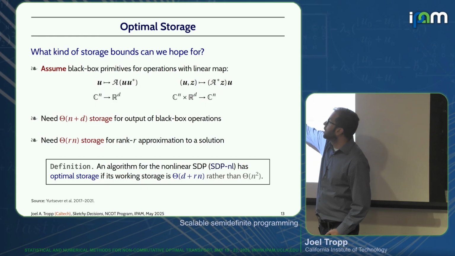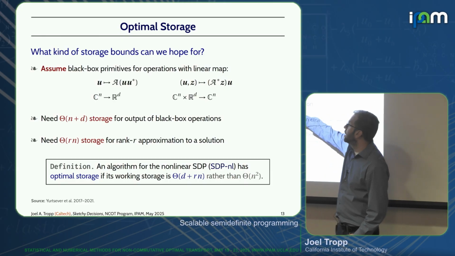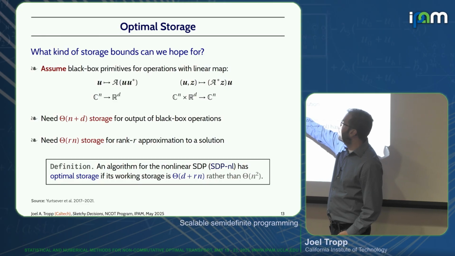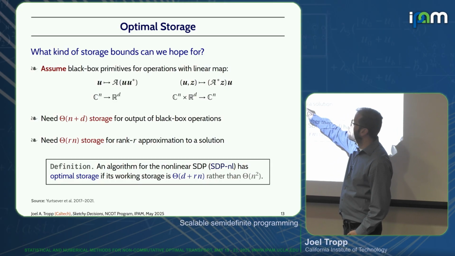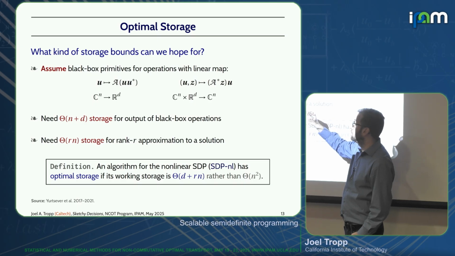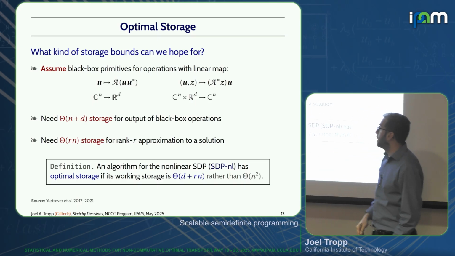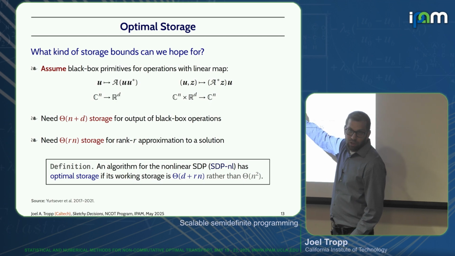The first one is that I can apply the measurements to a rank 1 matrix. It takes as input a vector of length n, forms the outer product of that vector, and then takes measurements of that rank 1 PSD matrix. That is a list of d numbers because A has output of size d. And we are going to assume that we can do this efficiently.